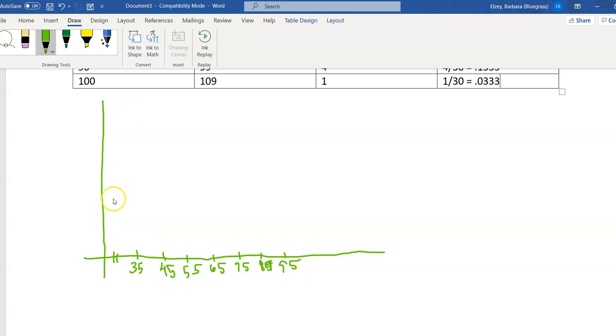Now, on the y-axis, we are going to put the frequencies. So our highest frequency was 11, so I'm going to try to get all the way up to 11. Hopefully, I left myself enough room. Going to be close. I think I'm just going to make it.